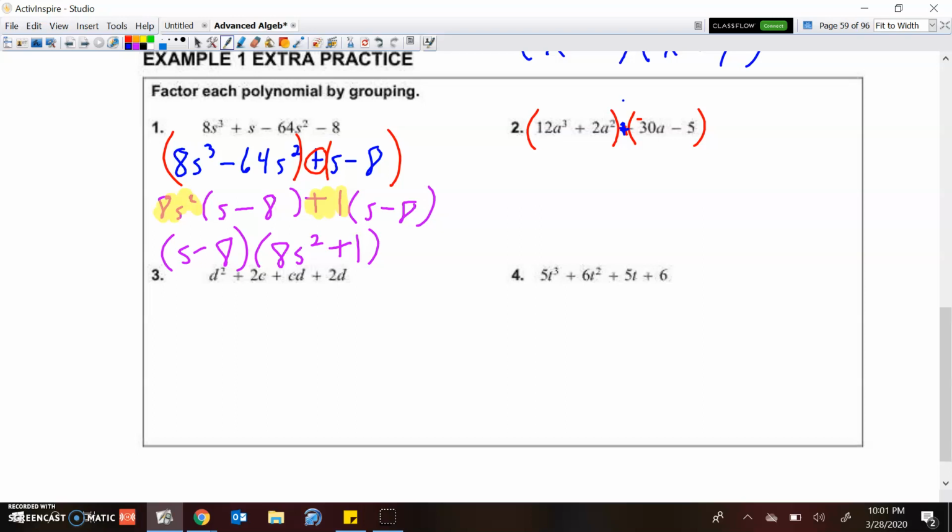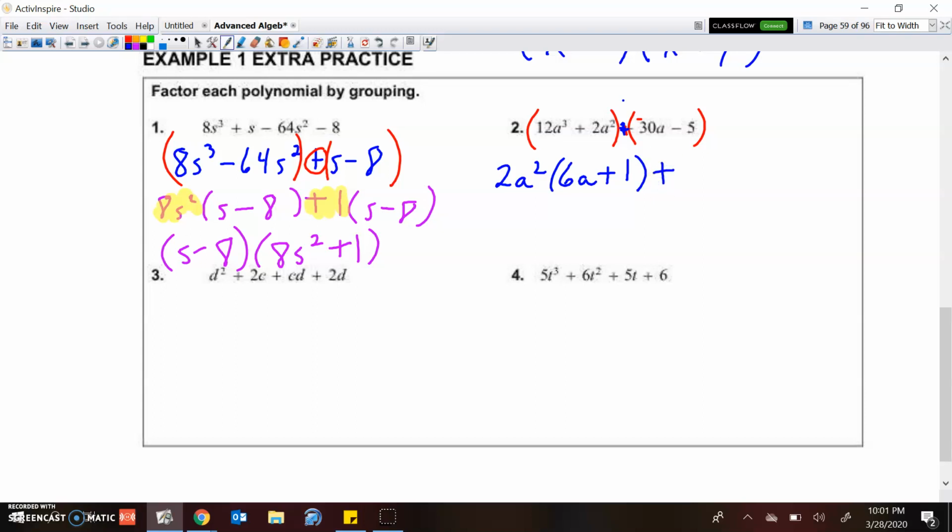Same thing as minus 30a, I wrote negative 30a. Alrighty, so in my first binomial, I can factor out 2a squared. 2a squared times 6a gives me 12a cubed, plus 2a squared times 1 gives me 2a squared. All right, my plus sign comes down.